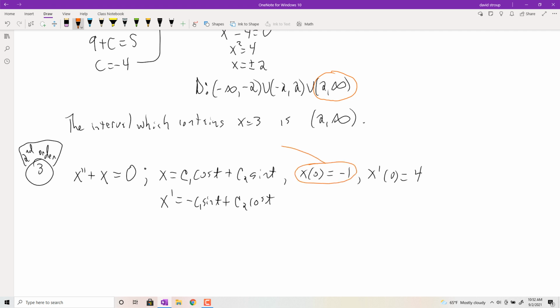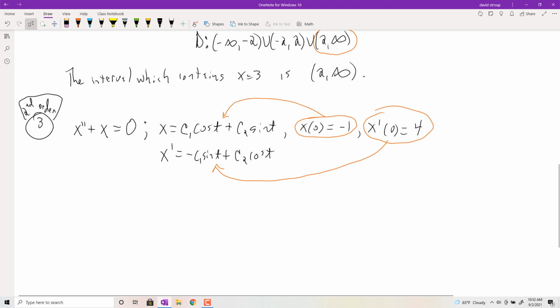I'm going to take this guy and plop him in here, and this guy in here. So you'll end up with two equations and two unknowns, and you can solve that system. You can always solve two equations and two unknowns, three equations and three unknowns, that sort of stuff. So let's go ahead and do that.